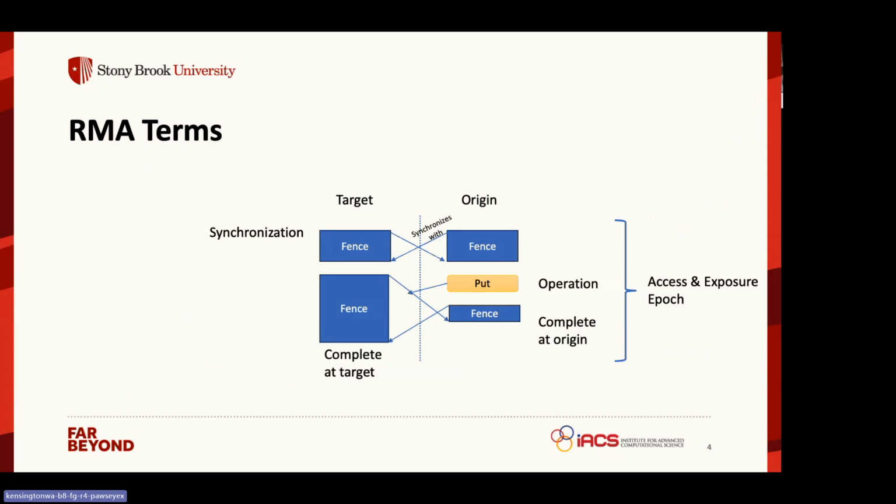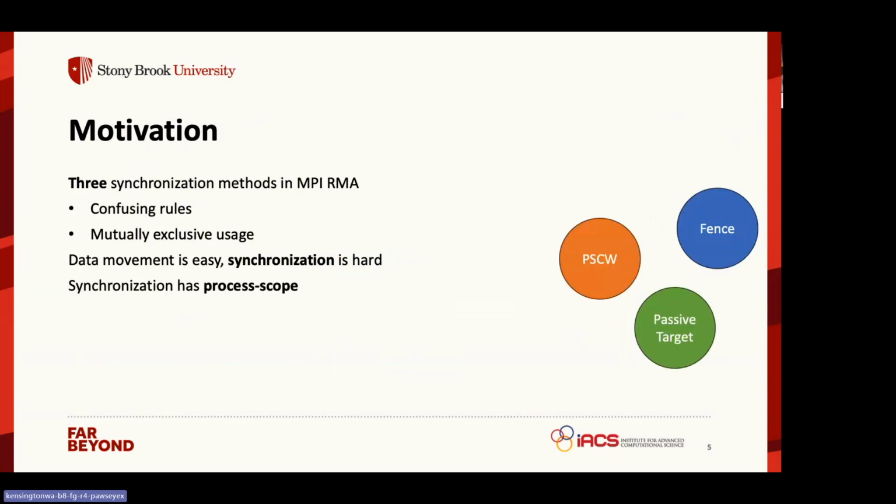We also call that local completion, and completion at the target, sometimes referred to as remote completion. And the FENS actually starts two epochs, an access and an exposure epoch. Access epoch means that you start accessing someone else's memory. Exposure epoch means that you are allowing someone else to access your memory. So those are the terms we use.